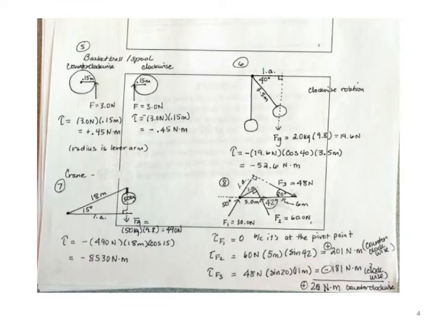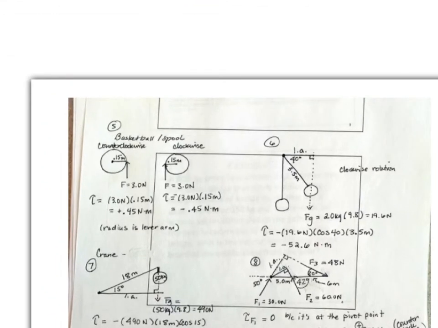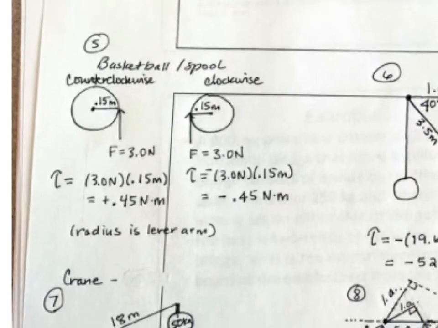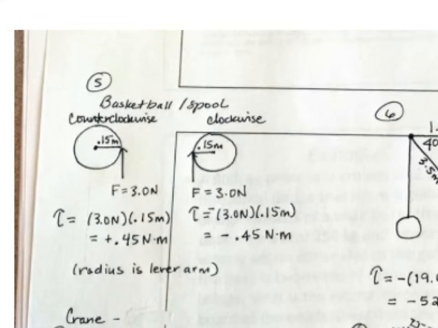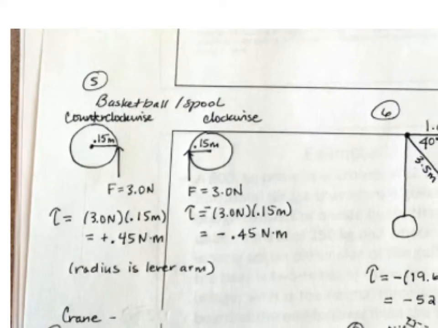Okay, there are a little bit more complicated ones here, so we'll take a look. If I have my example here for a basketball or a spool, counterclockwise and clockwise, this is a force applied tangentially, 3 newtons of force. I'm just going to show you both ways here.